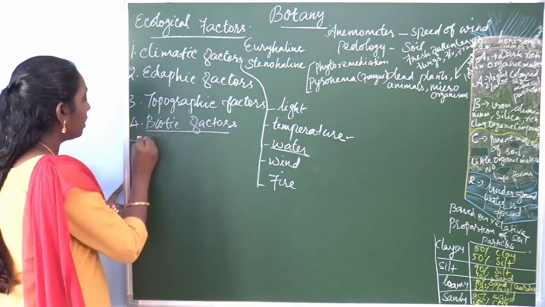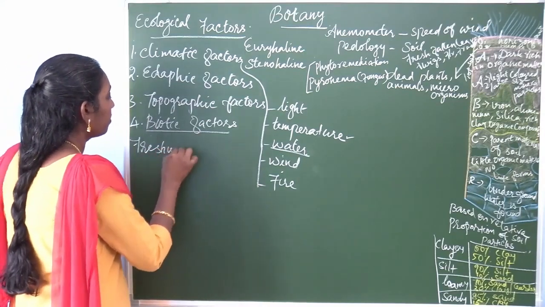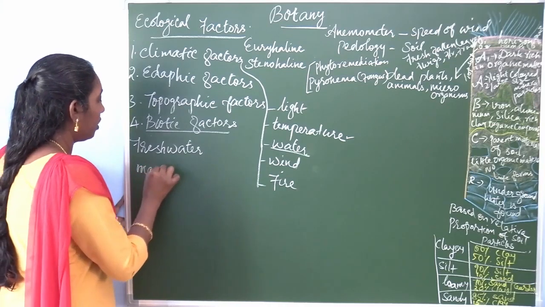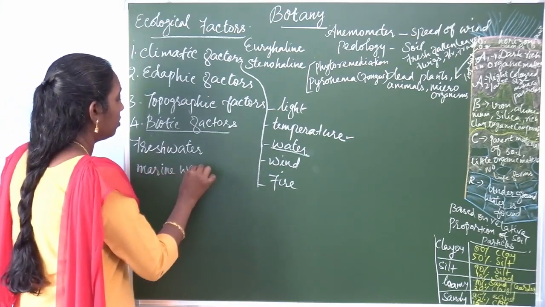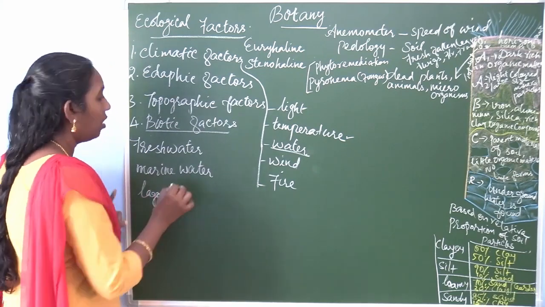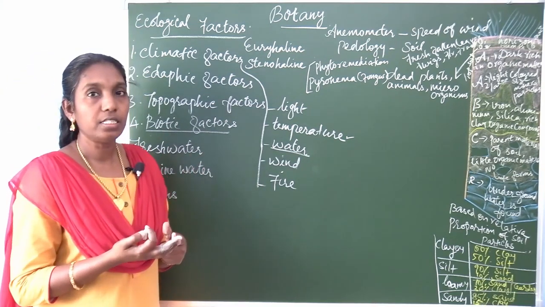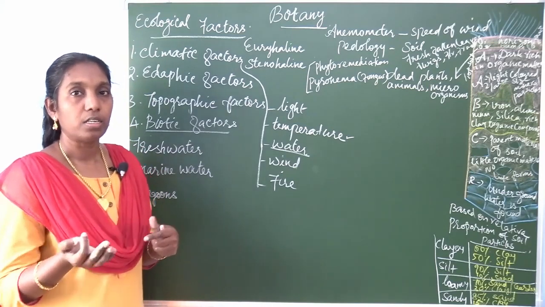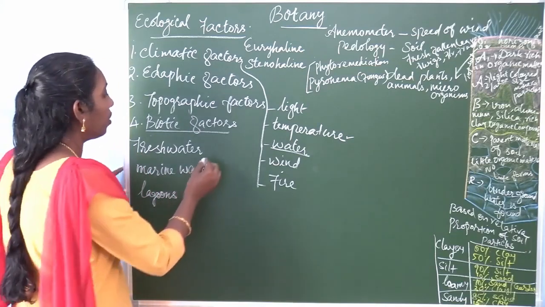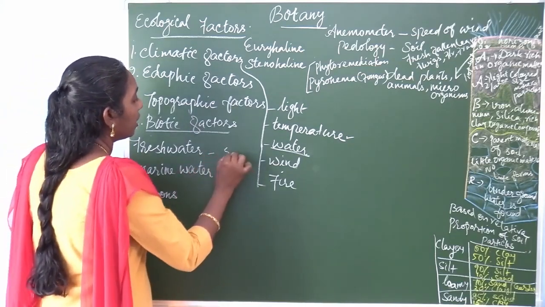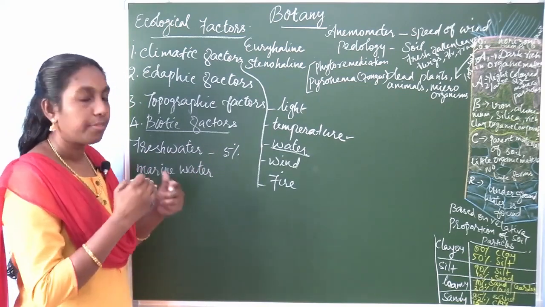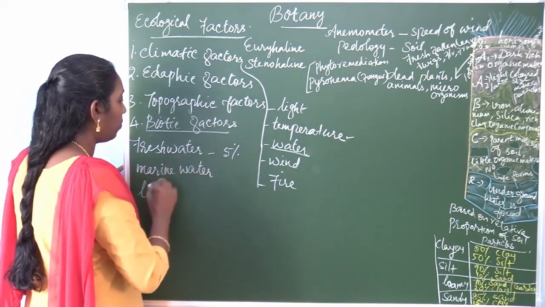It's fresh water, marine water, and lagoons. Based on the salinity of water, the aquatic organisms and freshwater forms tolerate the salinity. Fresh water contains 5% salinity.